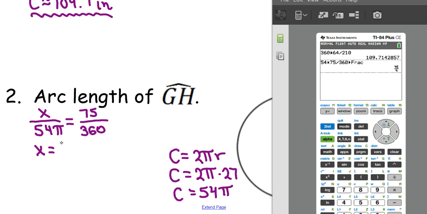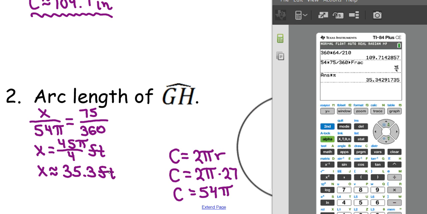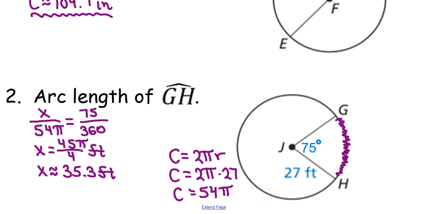So 45 pi over 4, and we were measuring everything in feet here, so this would be in feet. If I want an approximate answer rounded to the nearest tenth, I would multiply that by pi, and my approximate answer would be 35.3 feet. And that is question number 2.